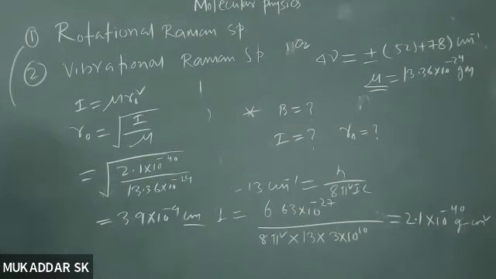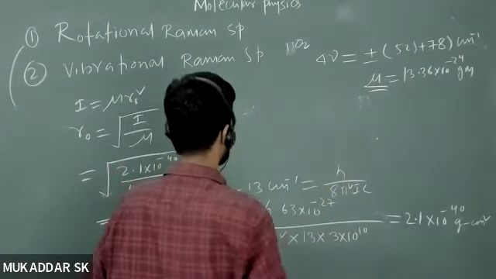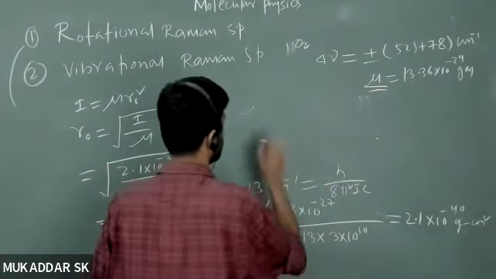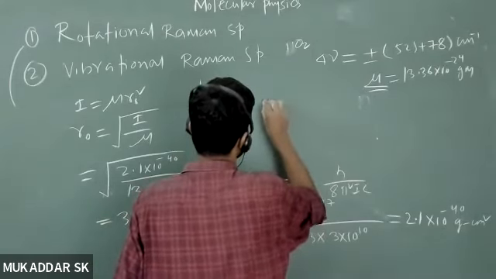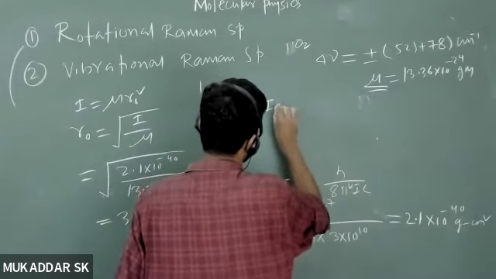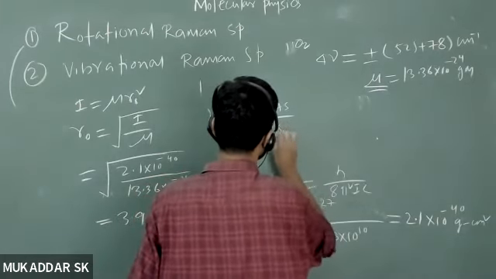Okay. Another thing I forgot to tell you. Is this part clear? I forgot to mention that ratio. That thing is also important. So ratio of intensity of anti-Stokes line to that of Stokes line will be how much?